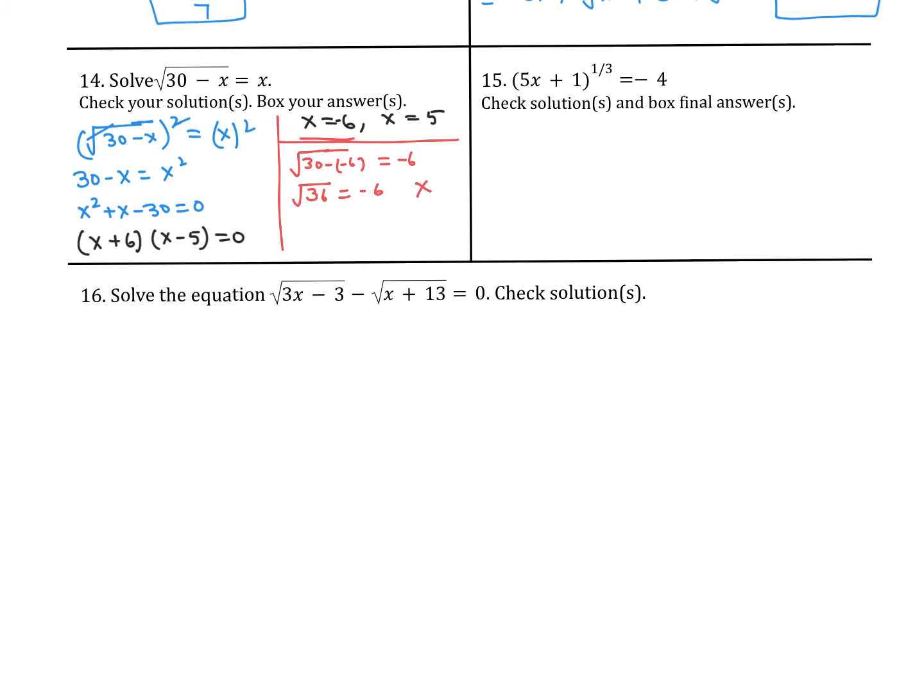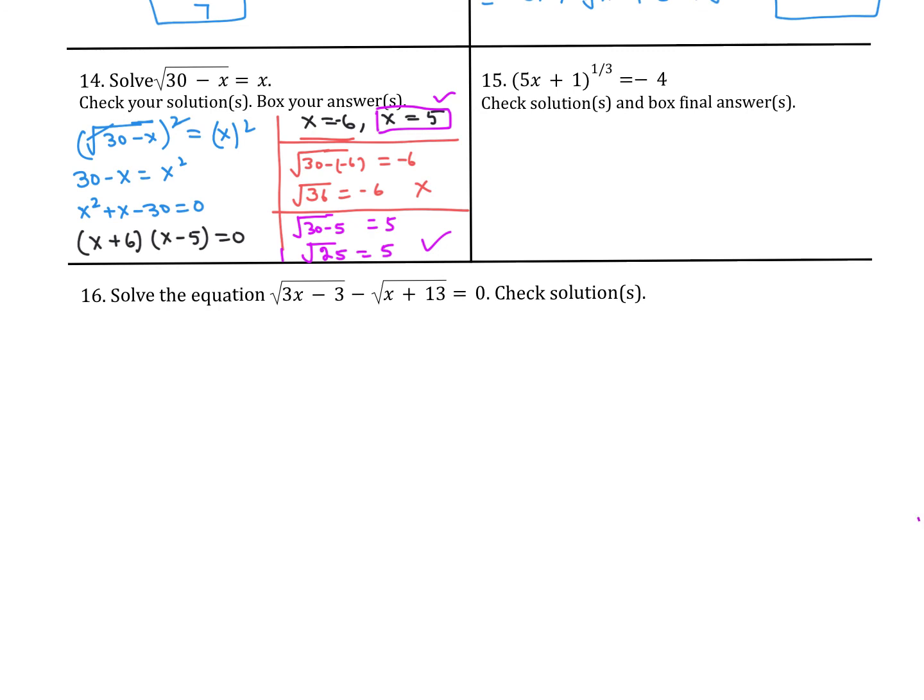The square root of 36 should be +6. Next we check if 5 is our right answer. 30 minus 5 is 25, so the square root of 25 equals 5.